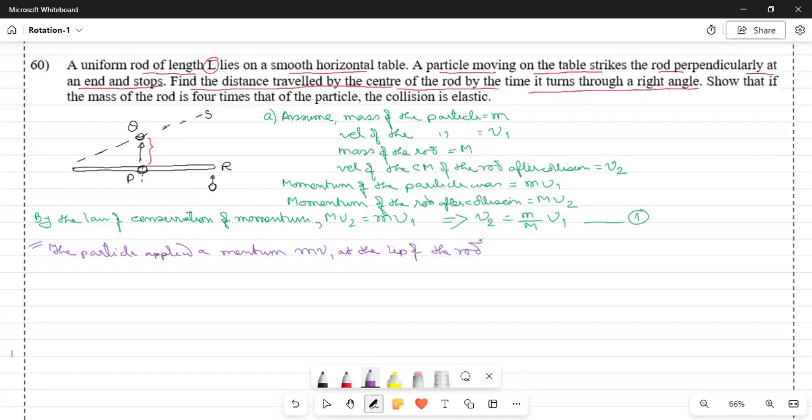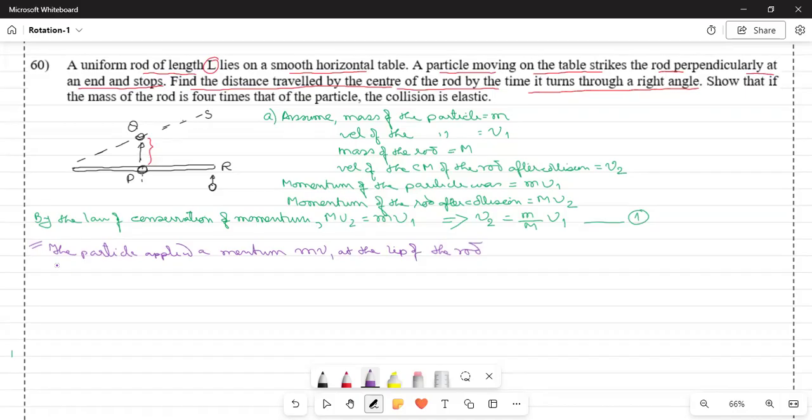Now what is angular momentum? Angular momentum is the momentum of the force which has been applied multiplied by the perpendicular distance between the direction of the force applied and the center of rotation.